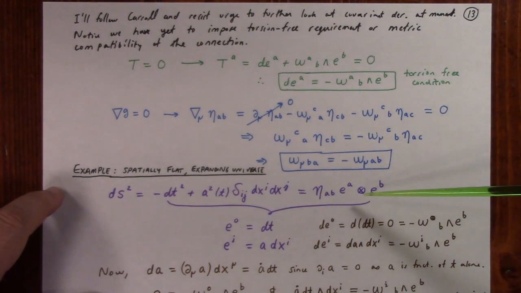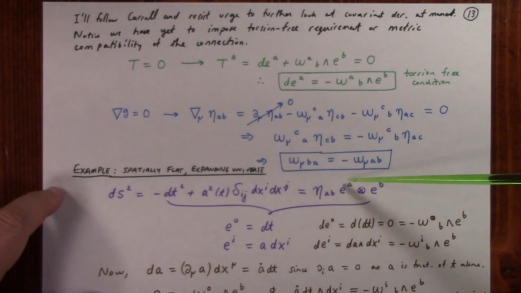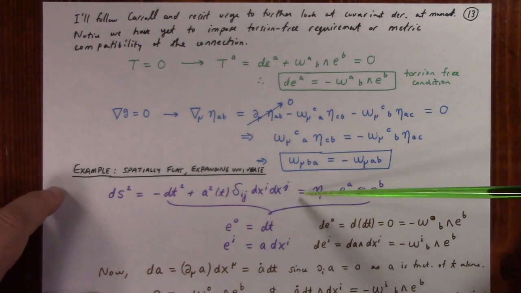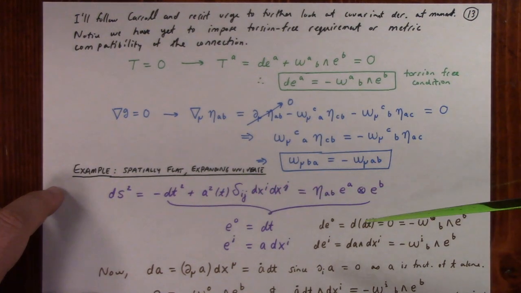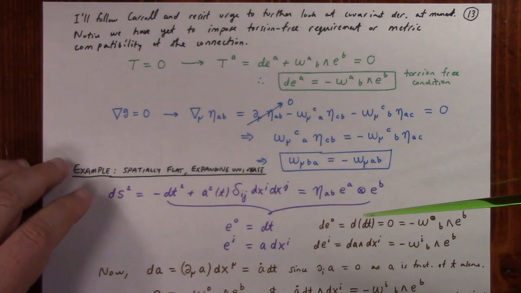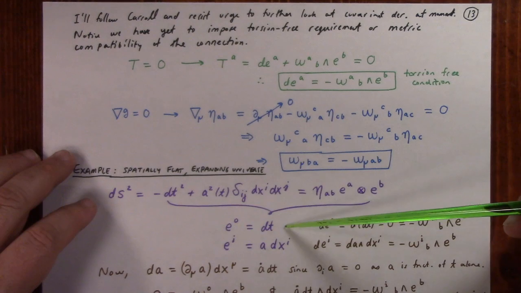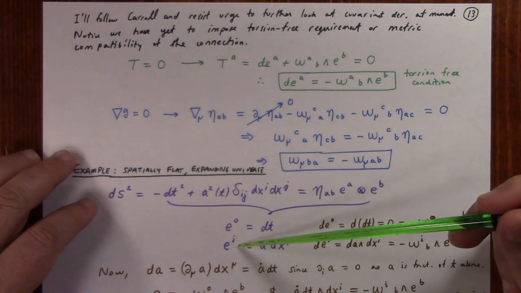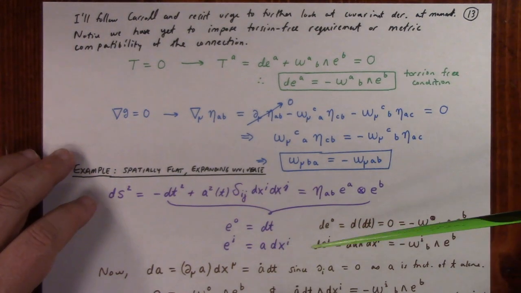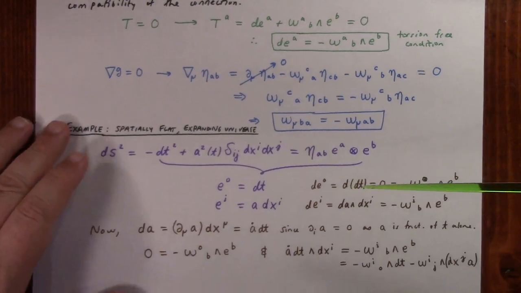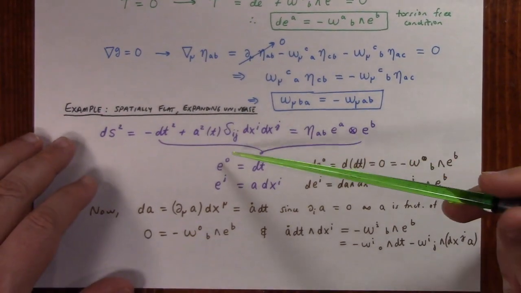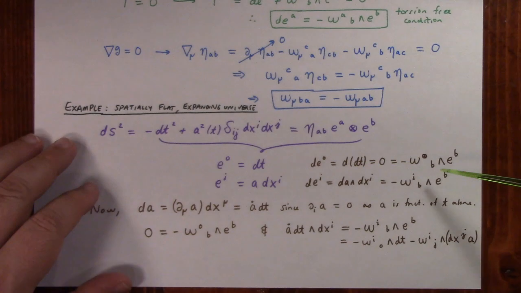But anyway, here we go. So to find a tetrad, we need to make this equal to that, and just as Carroll mentions, there are many choices, but an easy one is this: just set E0 equal to dt, and E upper i equal to a dxi.